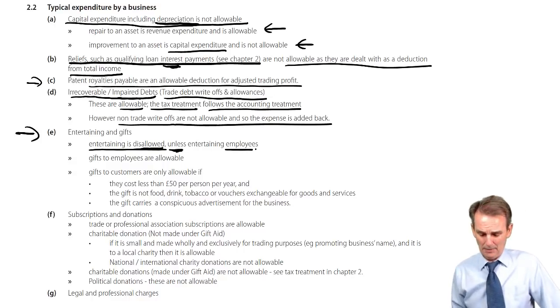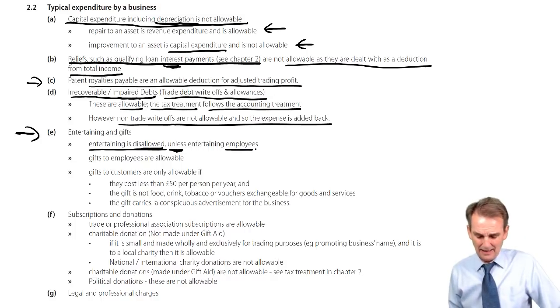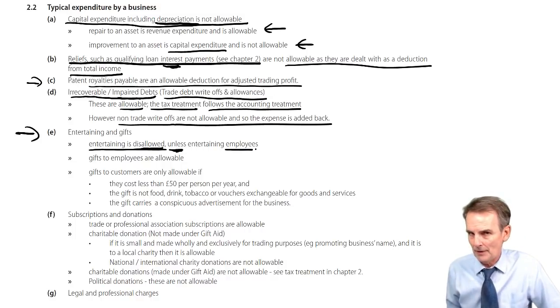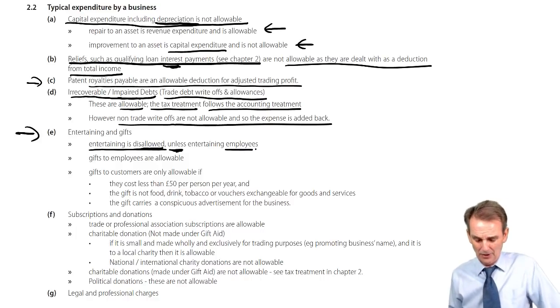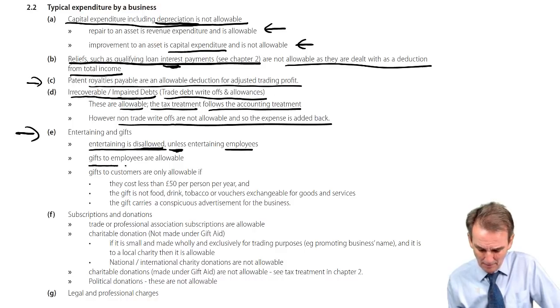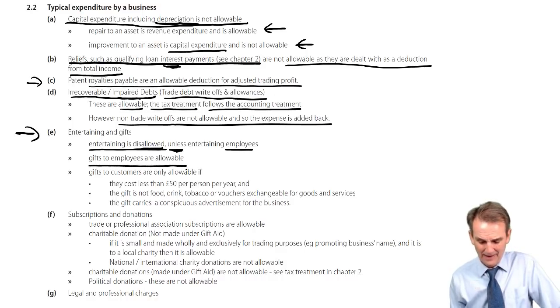So no need to add them back. If you're entertaining customers, for example, which probably the most likely group of people, then such entertainment of customers is not allowable. So entertaining is disallowed unless it's employees. Gifts to employees are allowable.